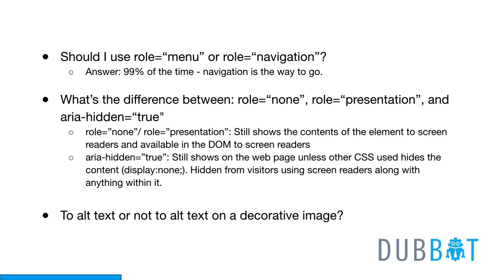So display none will hide it for people using a regular browser and for people using a screen reader. That's just something to keep in mind. There are points where I've pointed out where you would want to use ARIA hidden equals true: where content might be redundant for a person using a screen reader because you might be providing an alternative way for them to get the content.